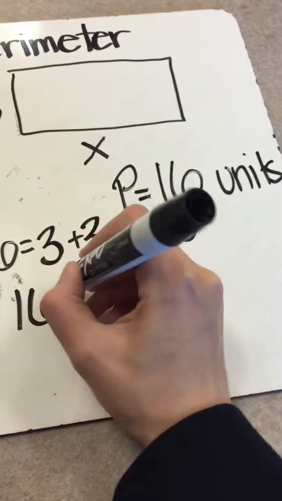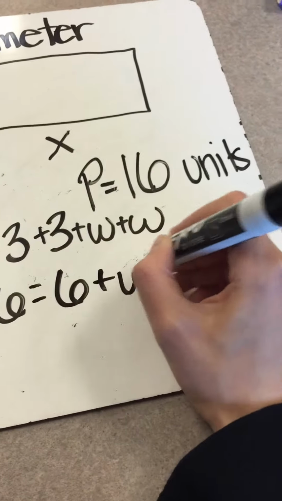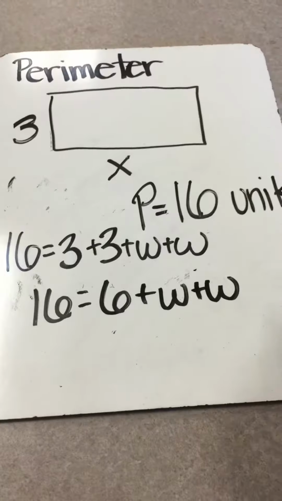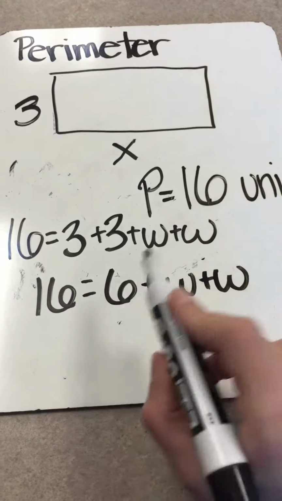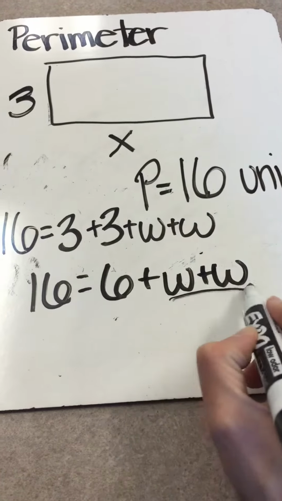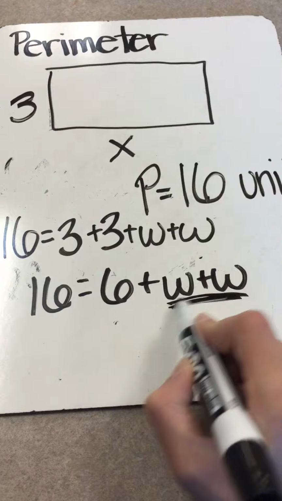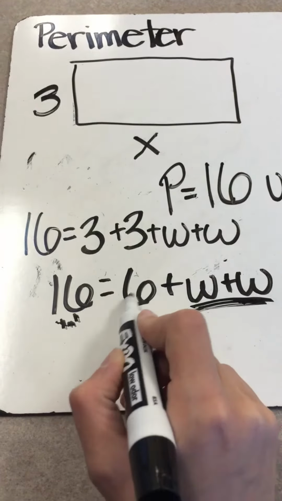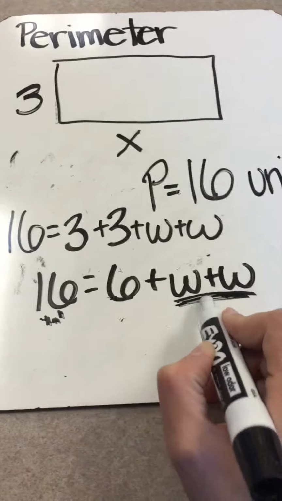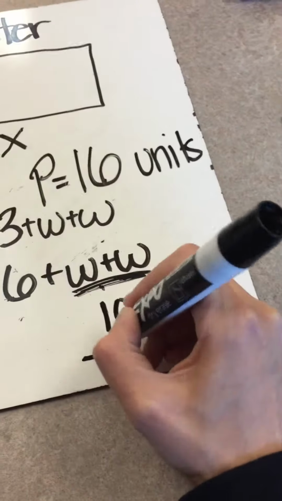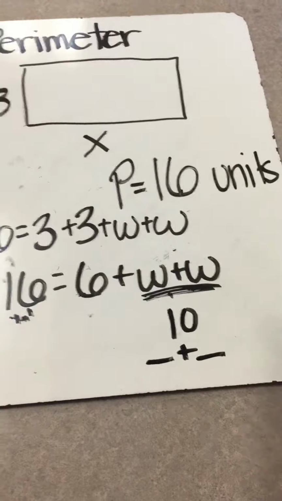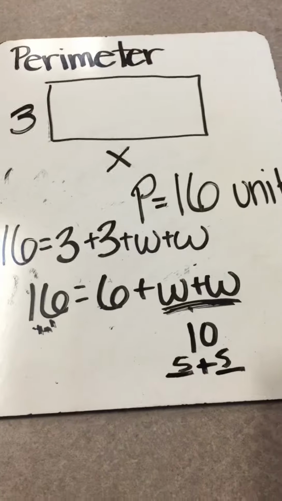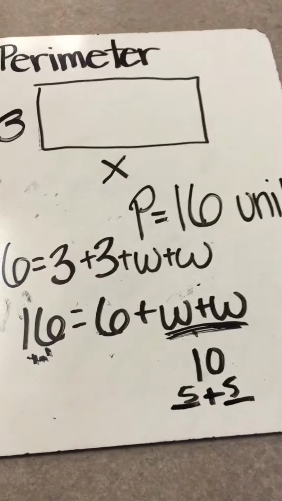So 16 equals 6 plus width plus width. So I know 6 plus something plus itself is 16. So I can kind of think, if I get rid of the 6 part, this part needs to be 10. What plus what equals 10? Oh, 5 plus 5 equals 10. So x must be 5.